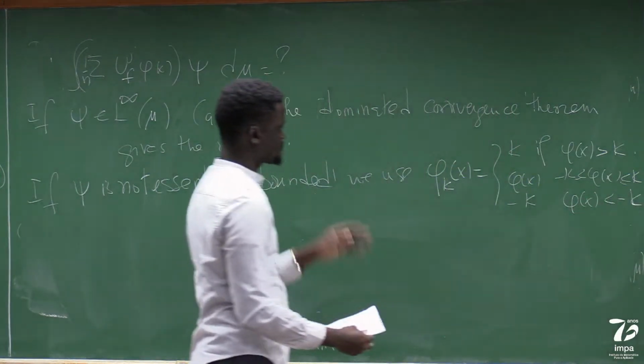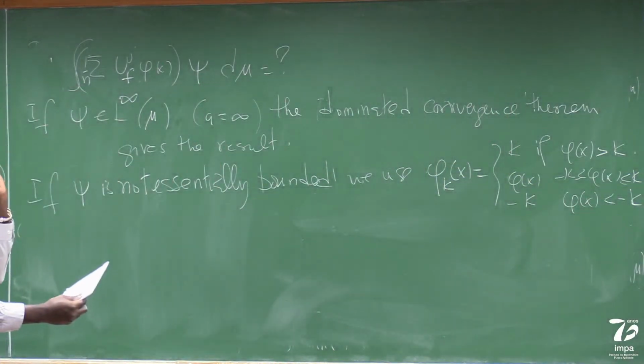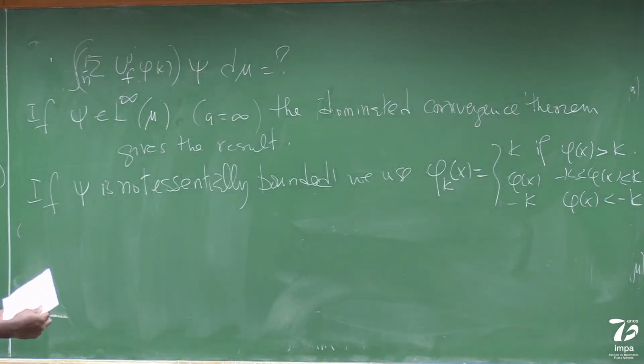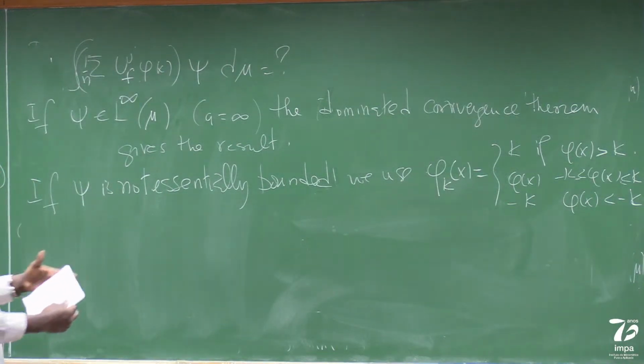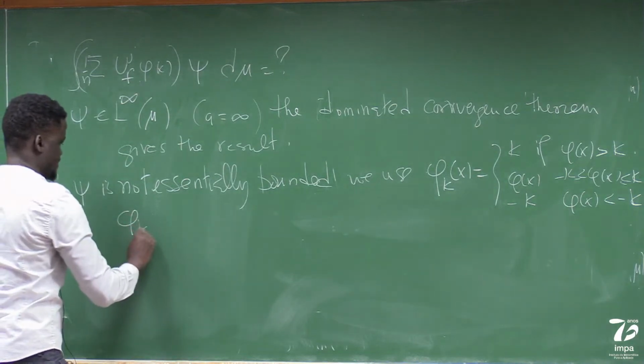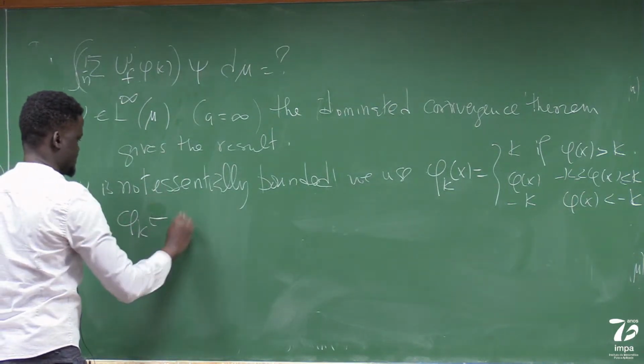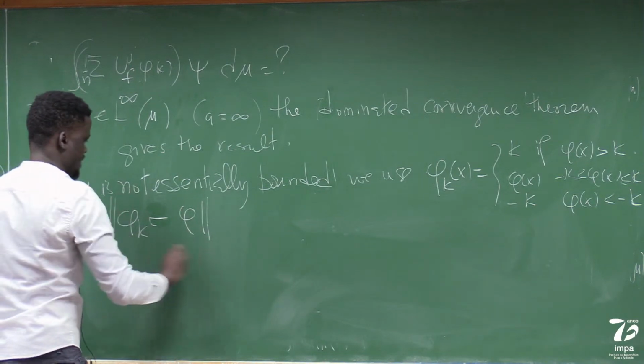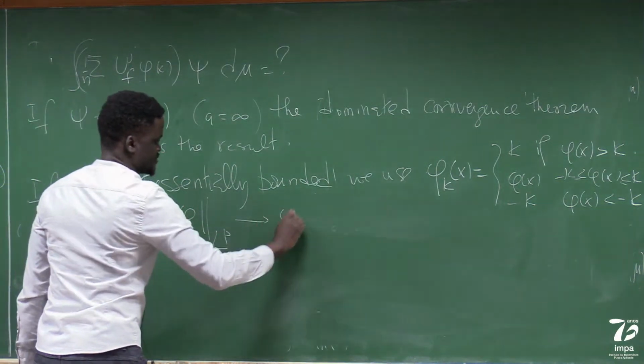Okay, so this is a sequence, and you can check that this sequence is converging in L^p to C. So the L^p norm of C_k minus C is converging to 0.